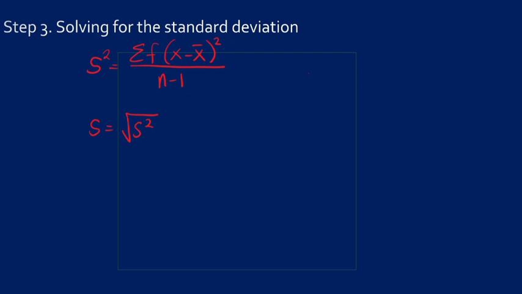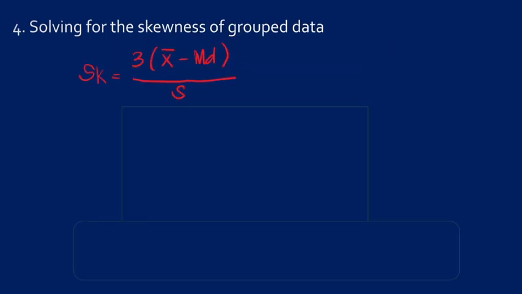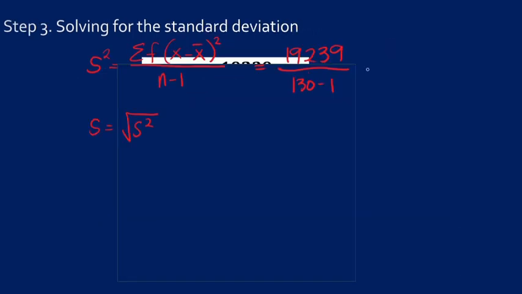So solving for the standard deviation, we have here the value of 19,239 divided by 130 minus 1, which gives us a value of 149.1.